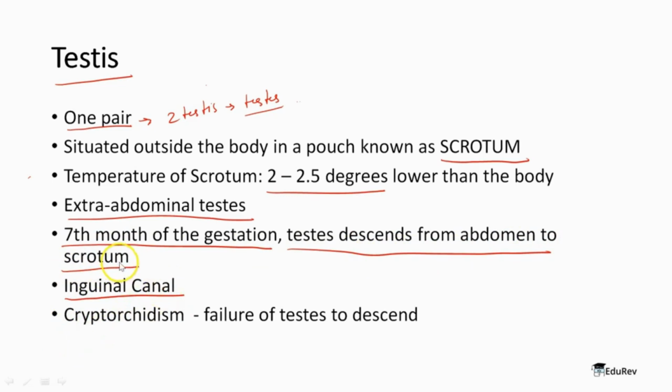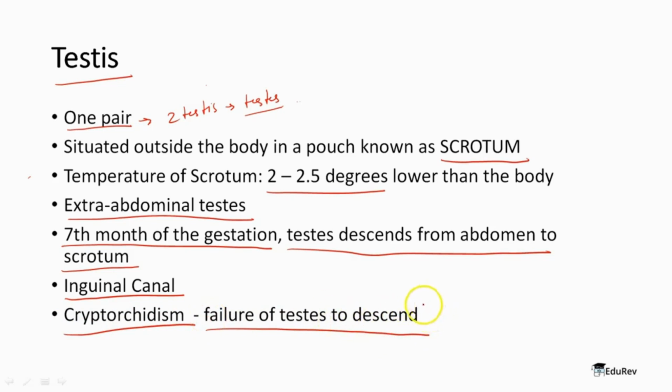Now sometimes what happens, testes fail to descend in the scrotum even after the birth of the new child, and this abnormal condition is known as cryptorchidism. This is the failure of testes to descend. Now, in this case the testes are inside the abdomen, so the male is infertile or sterile, right?